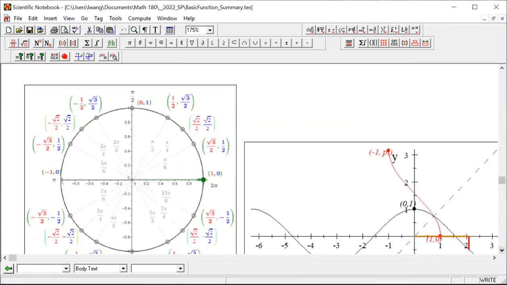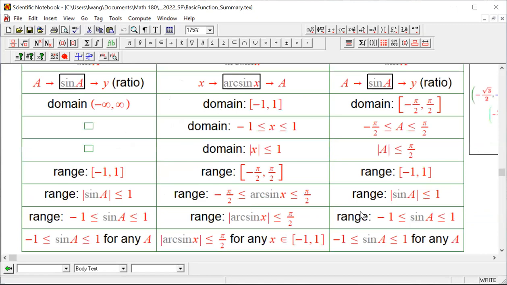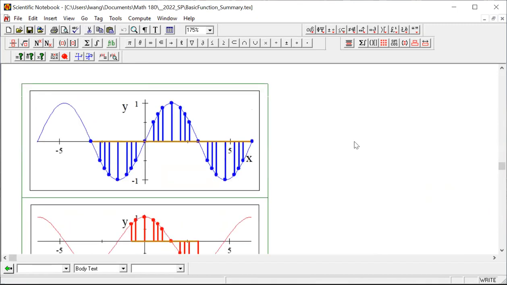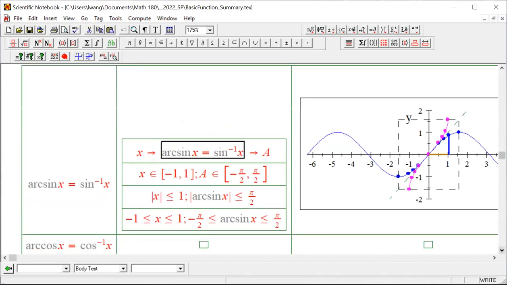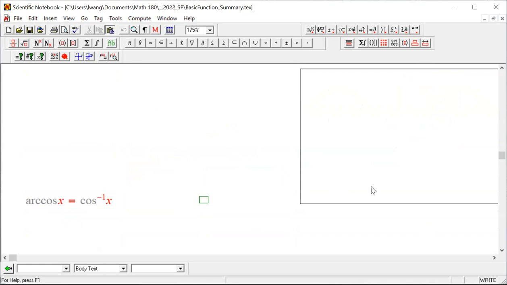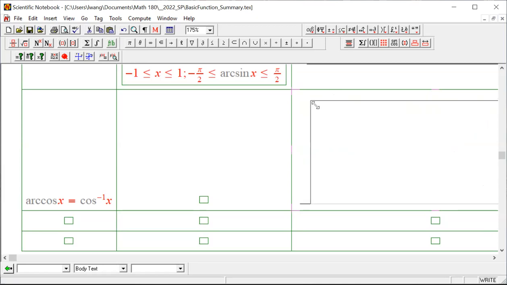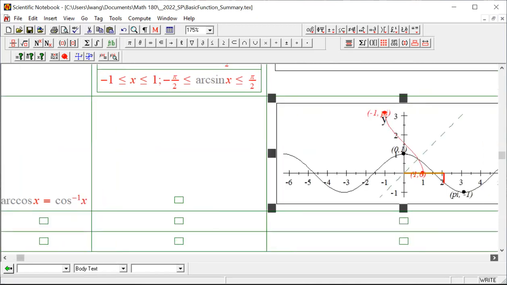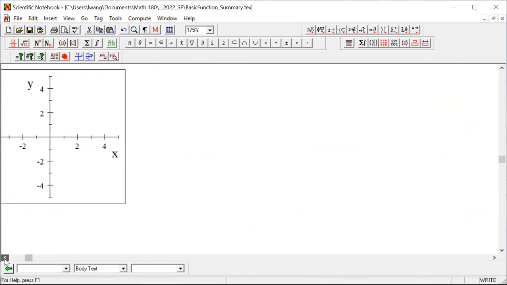Okay, this is my arc cosine. That's the red. You have seen this all along, it's just that now you see them together in one place.